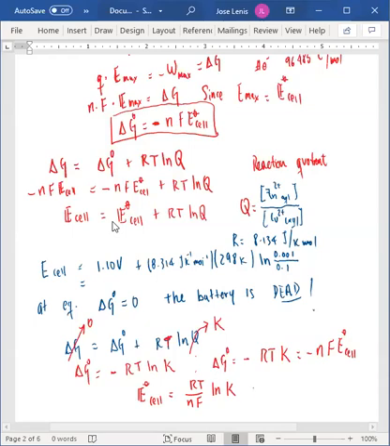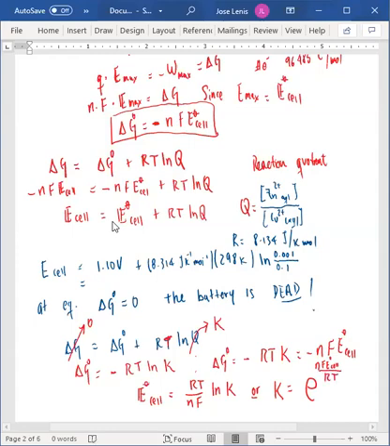And we can use this equation to find the value of the equilibrium constant. We take anti-log on both sides, we find the equilibrium constant equals e to the NF E of the cell over RT.